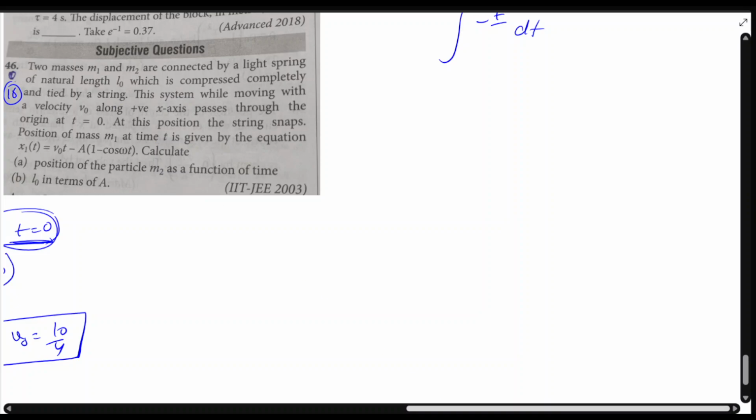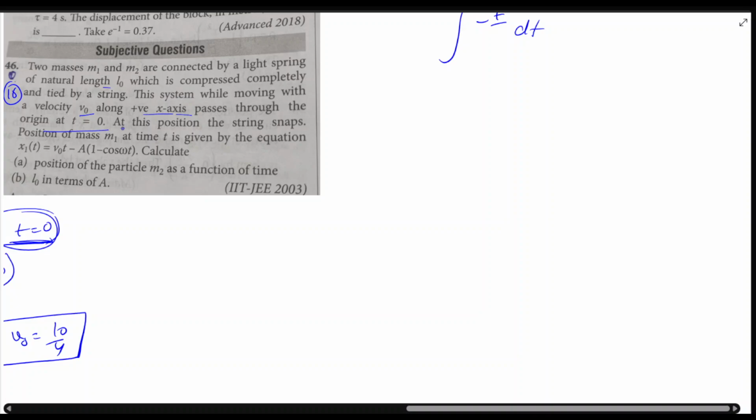Now, in this question, we have two masses m1 and m2 connected by a light spring of natural length L0, which is compressed completely and tied by a string. The system, while moving with a velocity v0 along the positive x-axis, passes through the origin at t equal to 0.